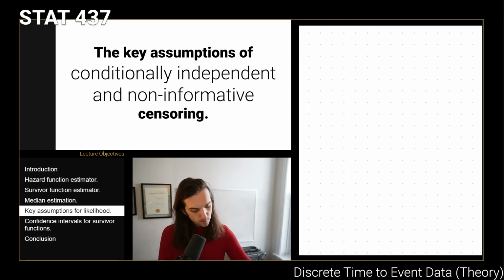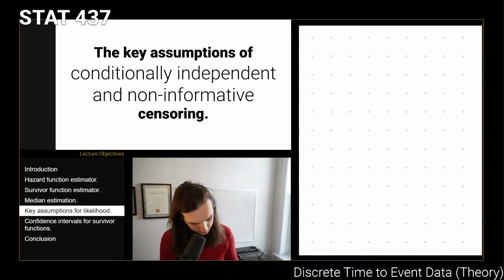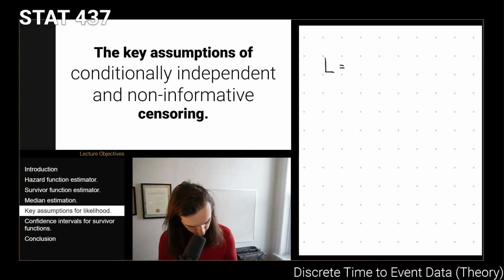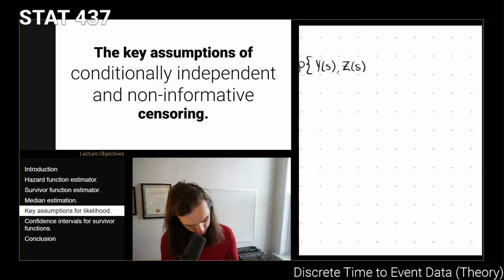Okay, so to recap slightly, we wrote down that the likelihood is going to be the product from s equals 1 to infinity, the probability of ys zs jointly, and then we condition this on the joint history yz of s.